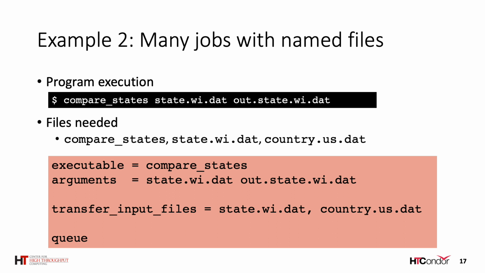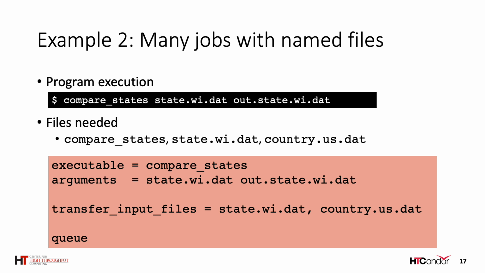In some ways very similar to the previous example, we have a command that takes an input and output argument, and we have a few input files. This is shown in the submit file below. You can see our command in the executable and the arguments, and our list of inputs in transfer input files. And this would be what we would submit for one job, analyzing one state's data.